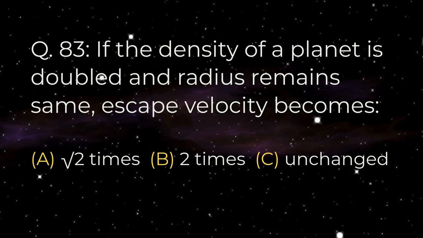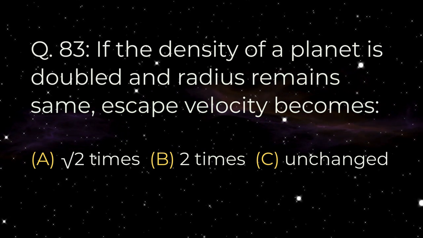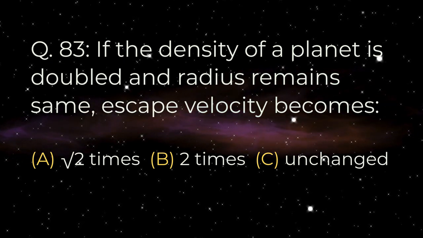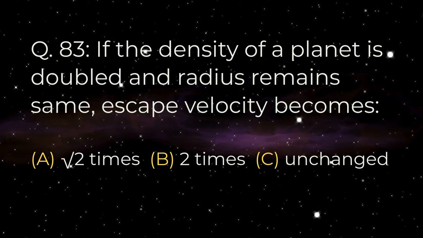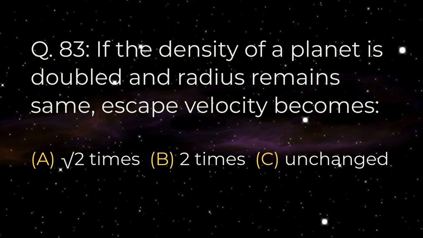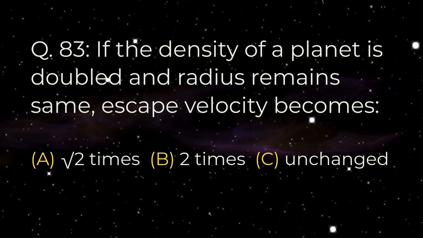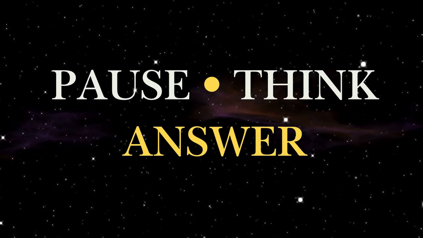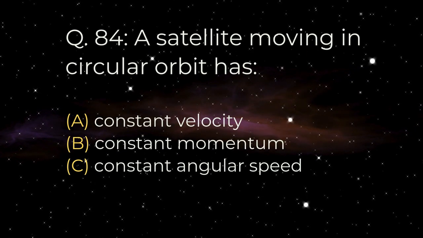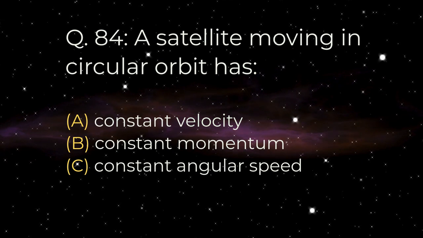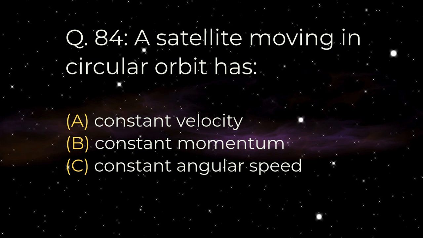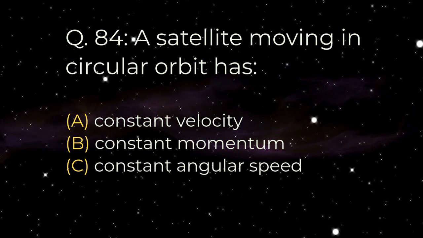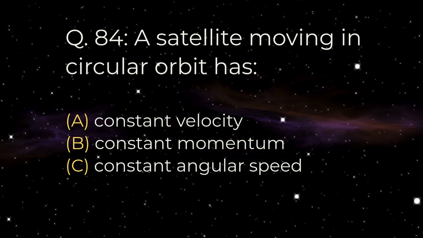Question 83. If the density of a planet is doubled while its radius remains the same, the escape velocity becomes: option A, root 2 times; option B, 2 times; option C, unchanged.